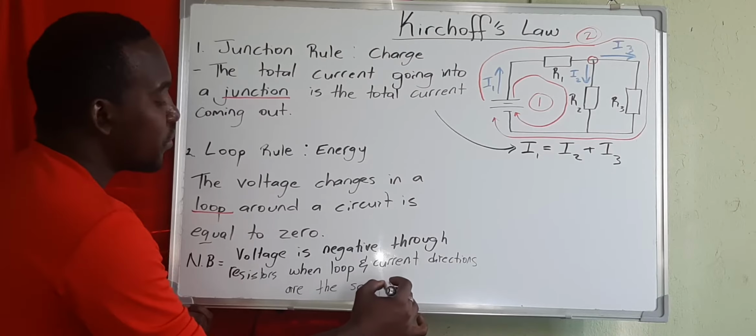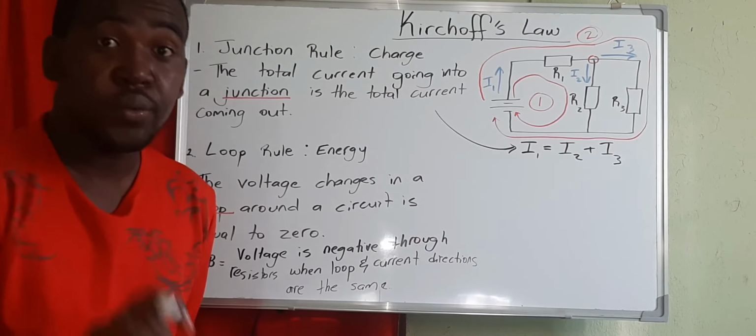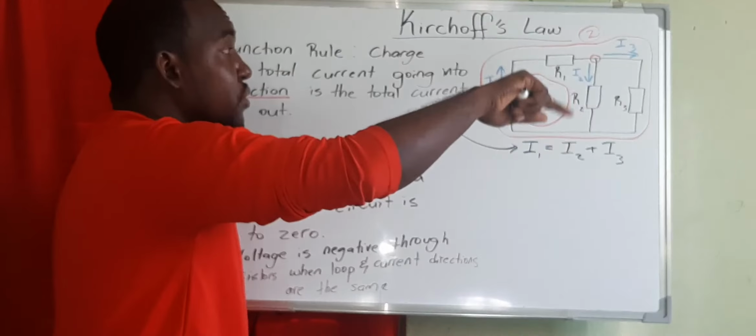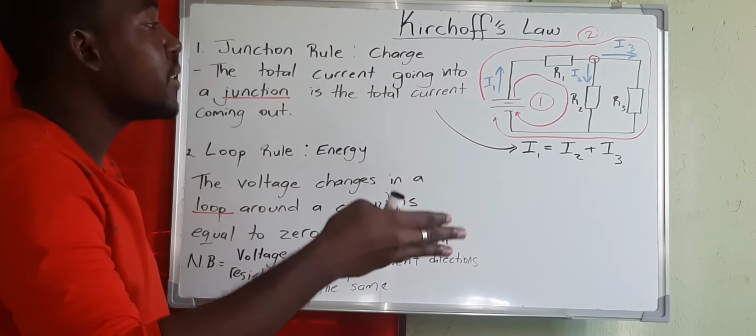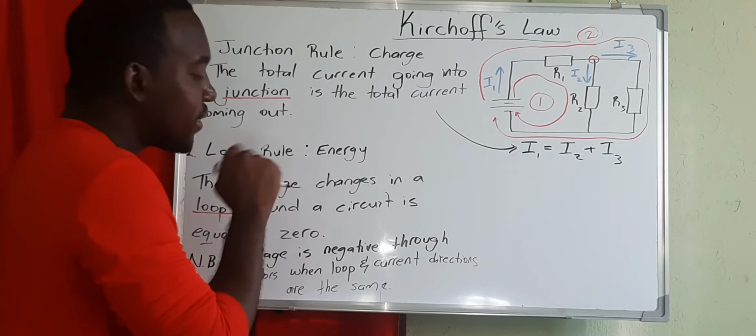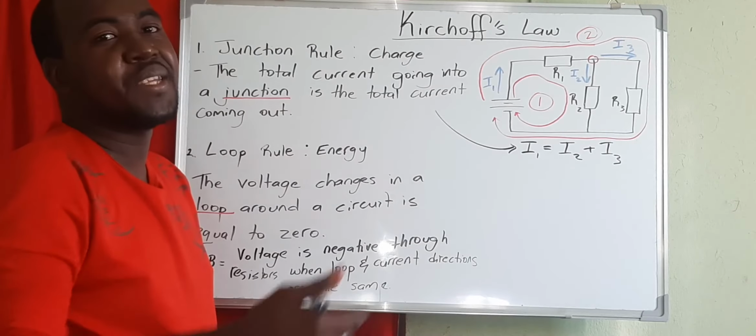That's very important. Once the loop direction that you're using and your current direction are the same, then the voltage across that resistor is going to be negative.